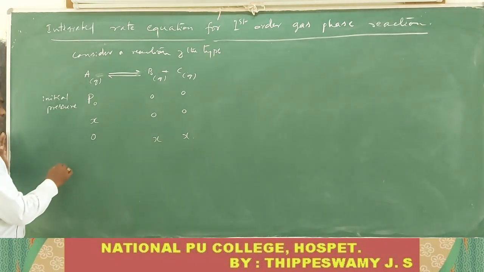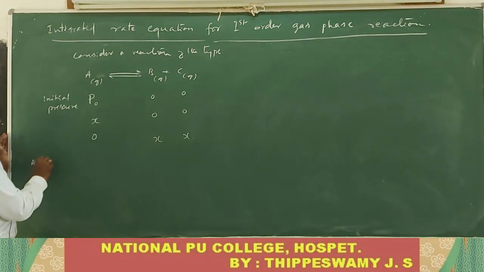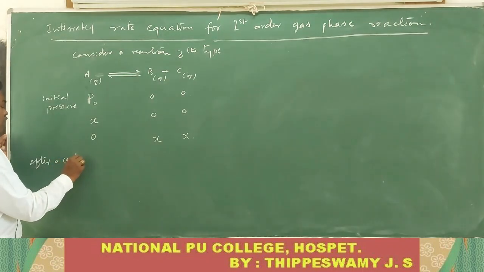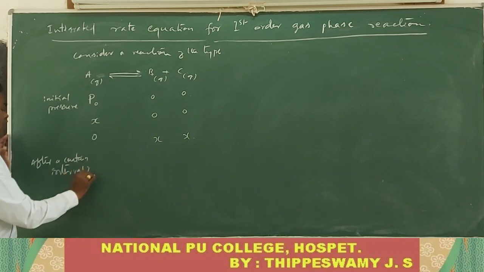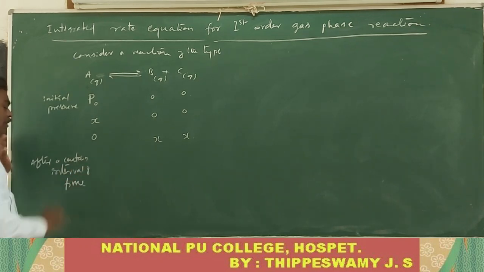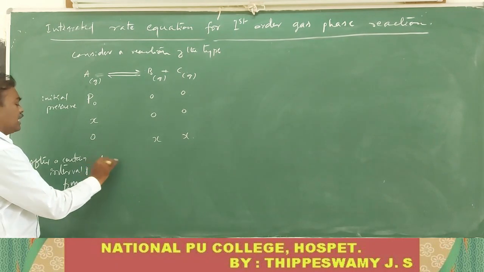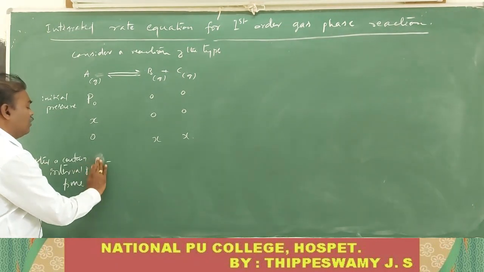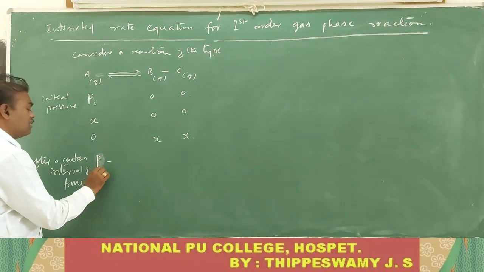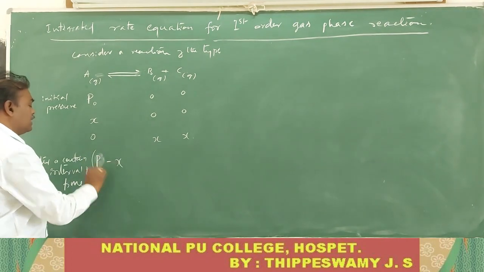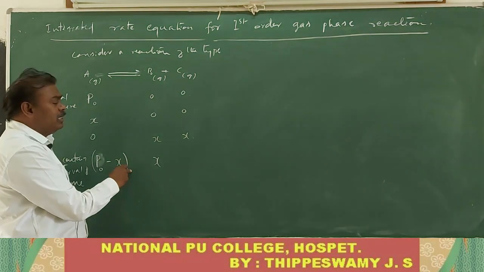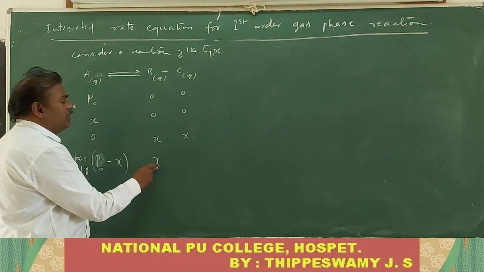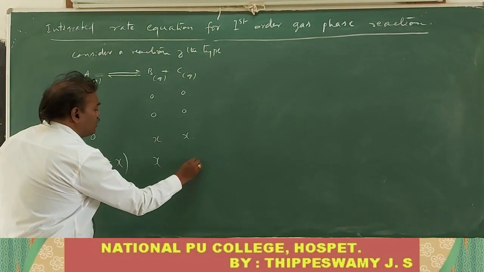The concentration after a certain interval of time: what remains is P naught minus X, and the partial pressure of B will be X, and the partial pressure of C also X.